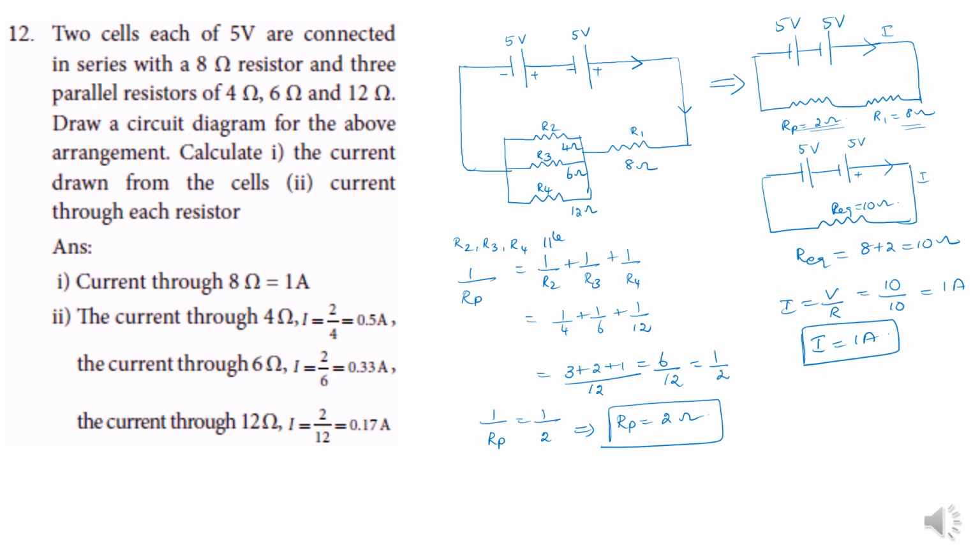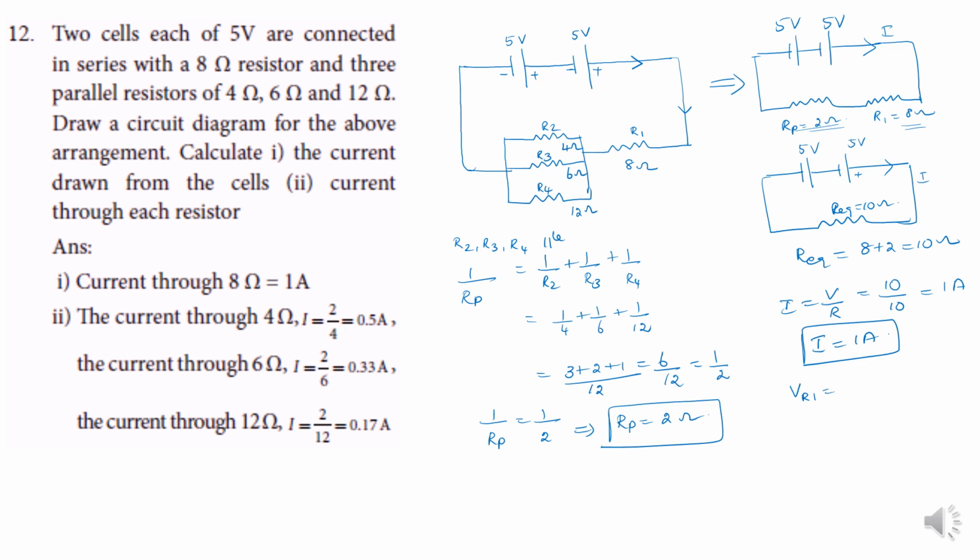So when resistors are connected in series like here, the current is the same. 1 amp is going to be the same, but the voltage gets divided. Okay, so the 10 volt is divided among this 8 ohm and this combined parallel 4, 6 and 12 ohms, which is 2 ohms.